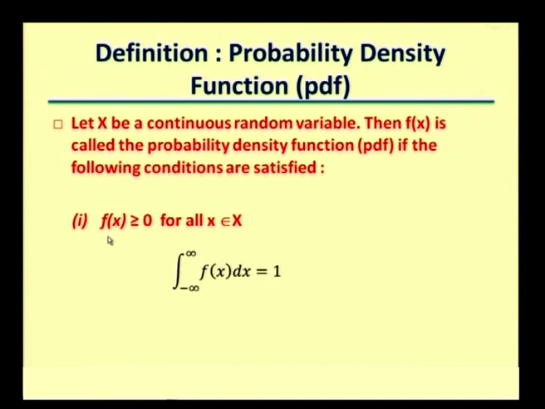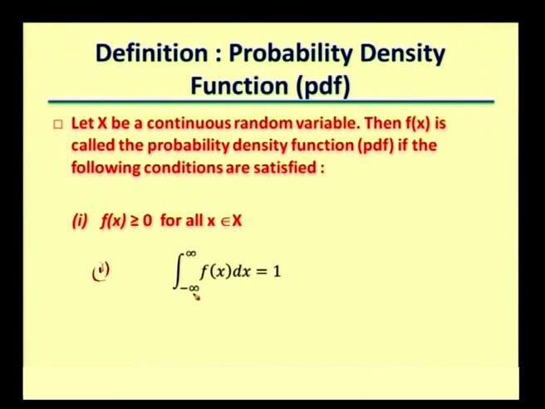The first condition is again, f of x defines a probability, so it should be greater than or equal to 0 for all x belonging to the capital X. This capital X is going to be an interval because it is continuous. The second condition is the total probability is equal to 1. Total probability here for continuous, we have to use the notation integration.